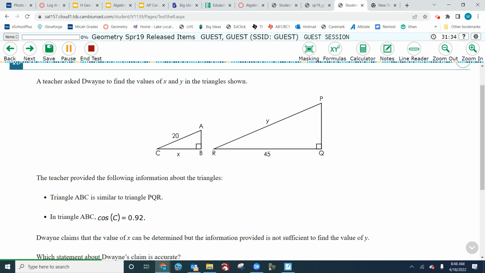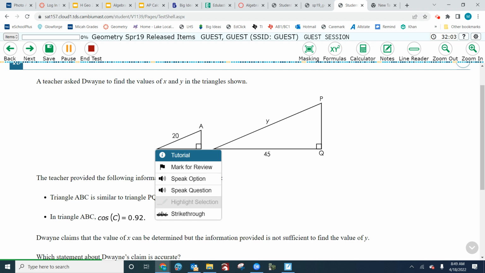Next step. The cosine of C is 0.92. Meaning if I have my finger here, the ratio of blank over blank is 0.92. What is that? What's the ratio? X over 20. Do you agree? X over 20 we could substitute in for the cosine of C. Isn't the cosine of C X over 20?